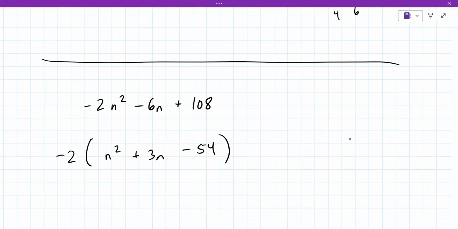So two numbers that multiply to -54 but add to +3. 54 and 1, and there's 27 and 2, and then there's 5 and 6. No, wait, 5 and 9. No, wait, 6 and 9.